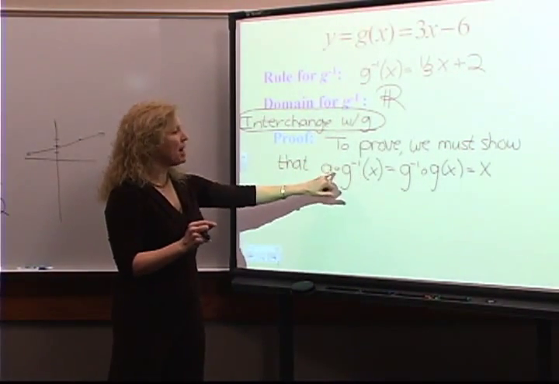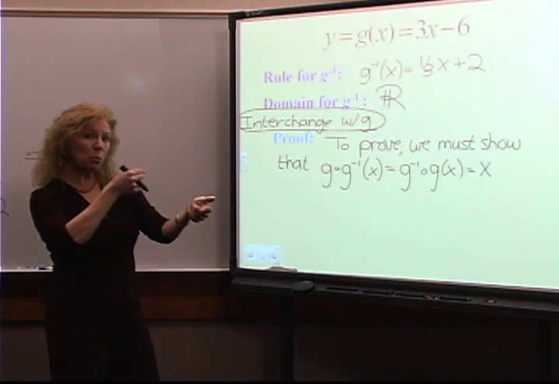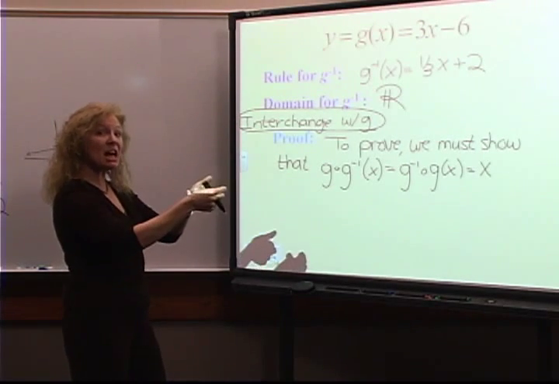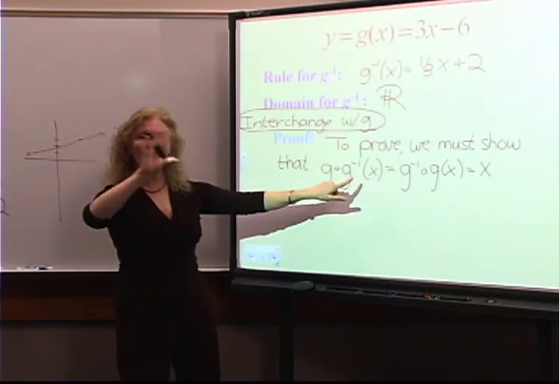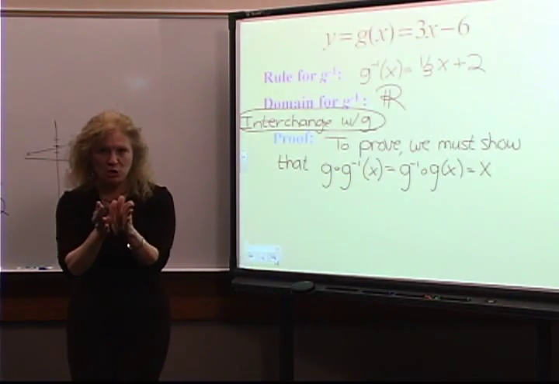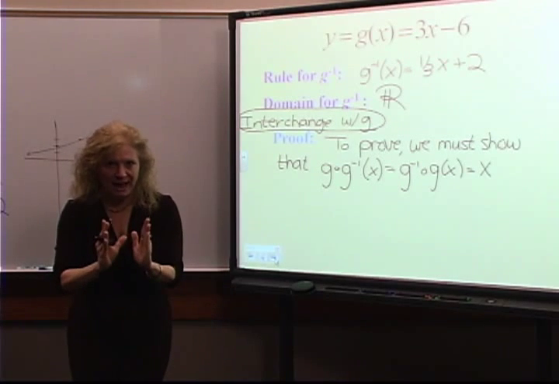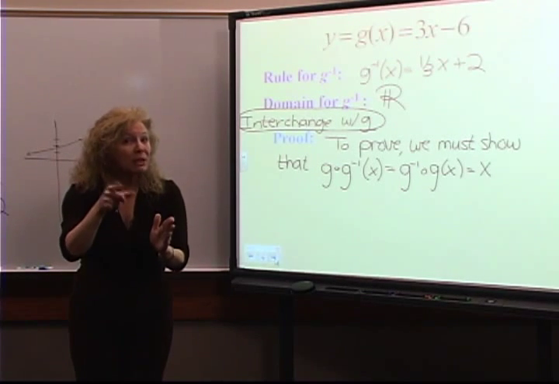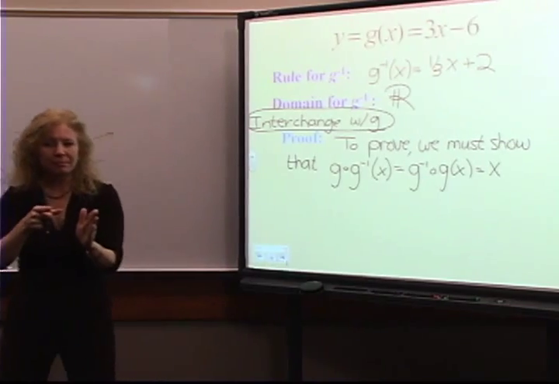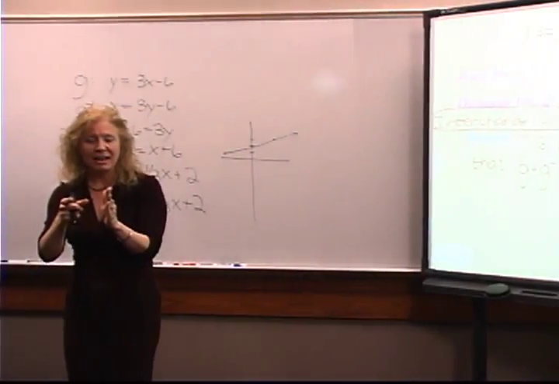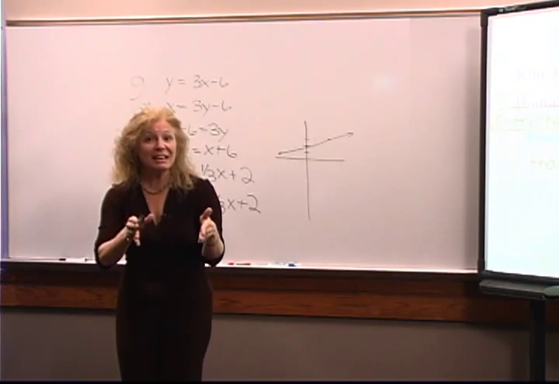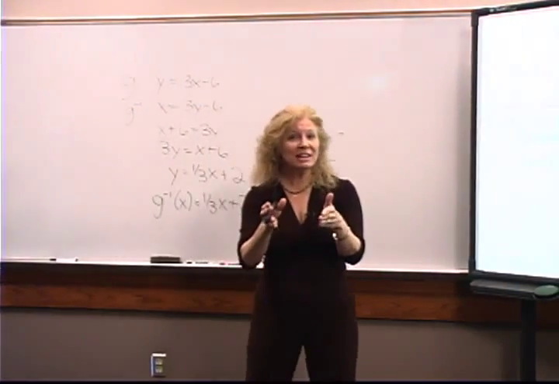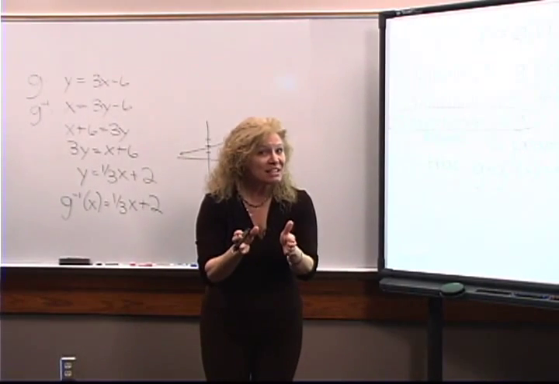Remember that this composite means that you're going to run it through one, and then that answer goes into the other. What we're saying is start the whole deal with x. Okay, so this is my beginning point, x. Then I operate through g. That takes me somewhere. Then I'm going to take that result and run it through the inverse. Shouldn't that take me right back to where I started?